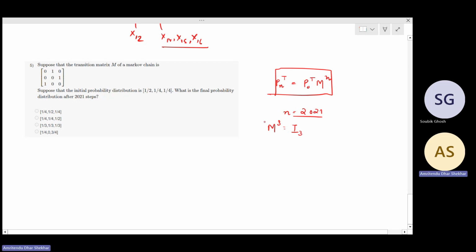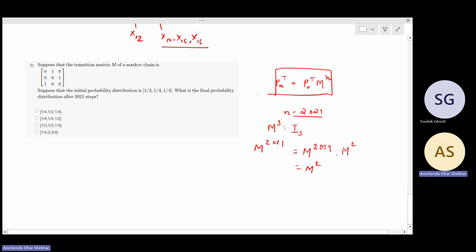So M power 2021 is equal to M power 2019 times M squared. Now this is identity and this is M squared.